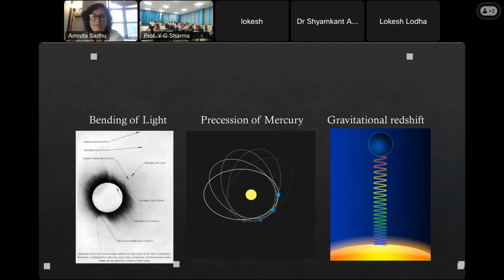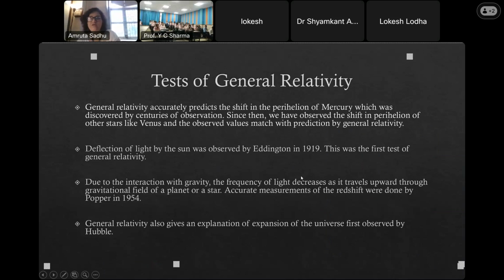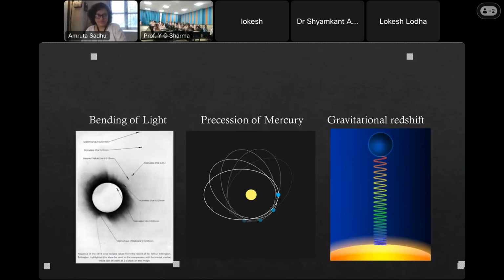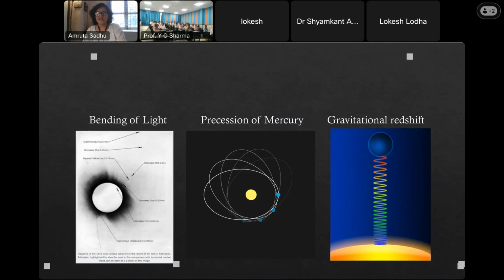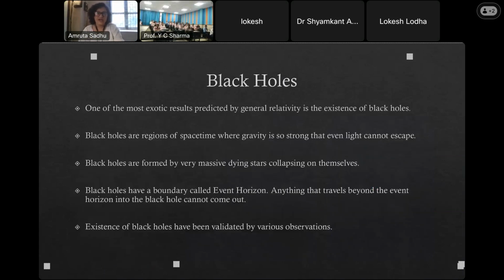So these are the predictions, and at various points they were very accurately measured by people. So we know that general relativity is a good theory, and it predicts things that can be tested.